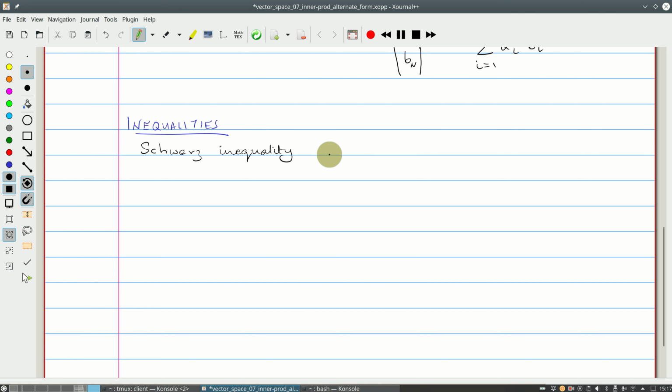What it states is that if you have two vectors A and B, then the modulus of the inner product of A with B (remember, the inner product doesn't have to be real; if you're dealing with complex vectors, the inner product could be complex) is less than or equal to the norm of A times the norm of B.